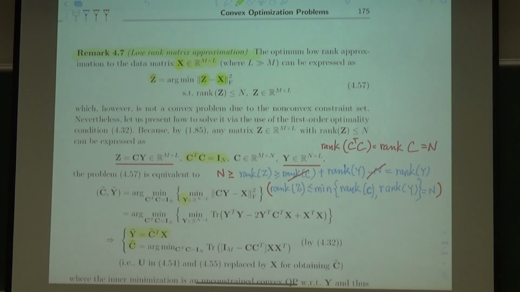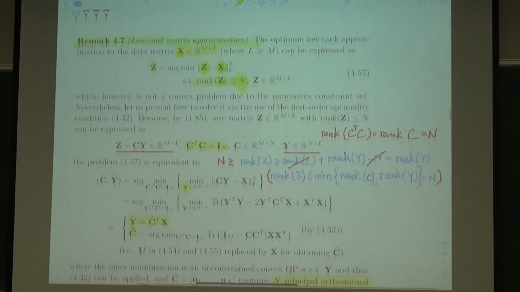So that's a finite Z, an approximation to capital X, but the rank is only capital N. What's the solution? The solution is nothing but Z using the data X. It's a singular value decomposition keeping the capital N components.